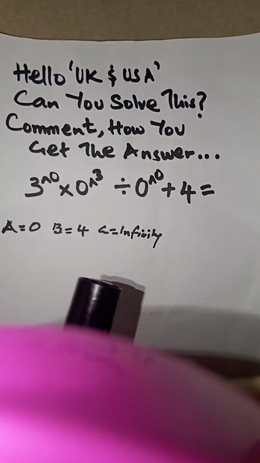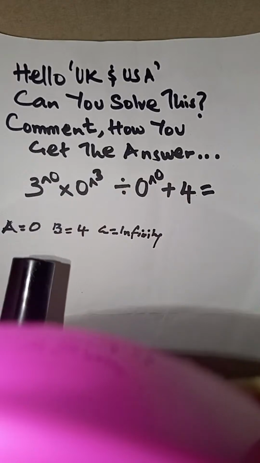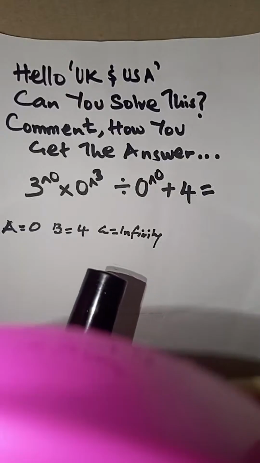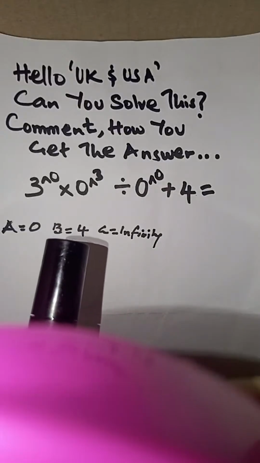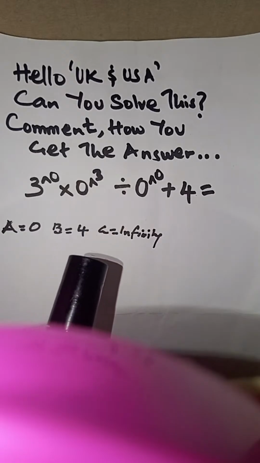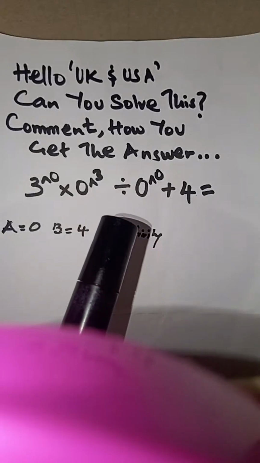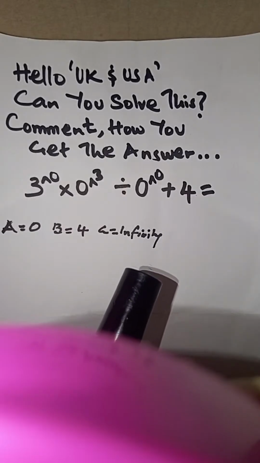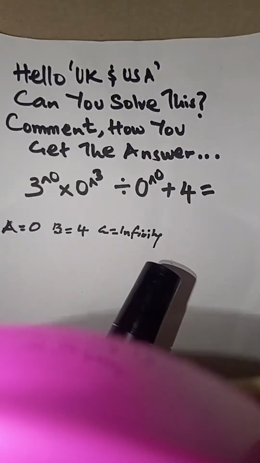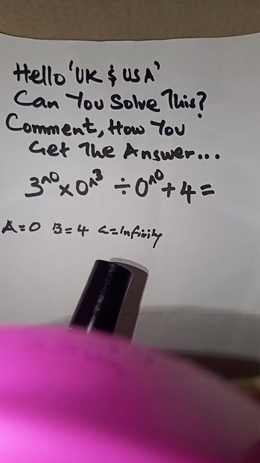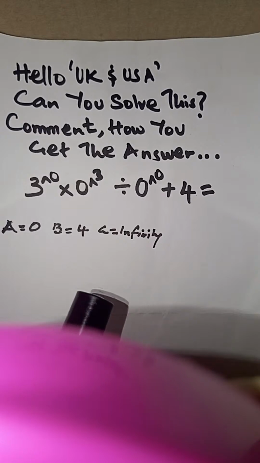So your base of argument is that 3 to the power 0 is 1, and 0 to the power 3, you said 0, and then dividing it by 0 to the power 0 as 1, giving 4. Thank you so much for that insight.